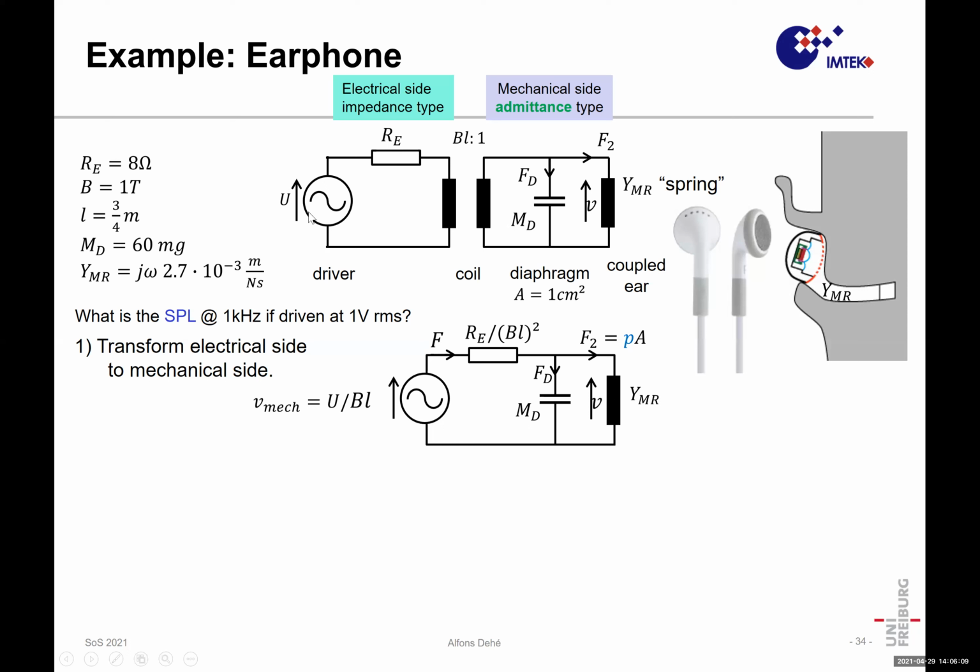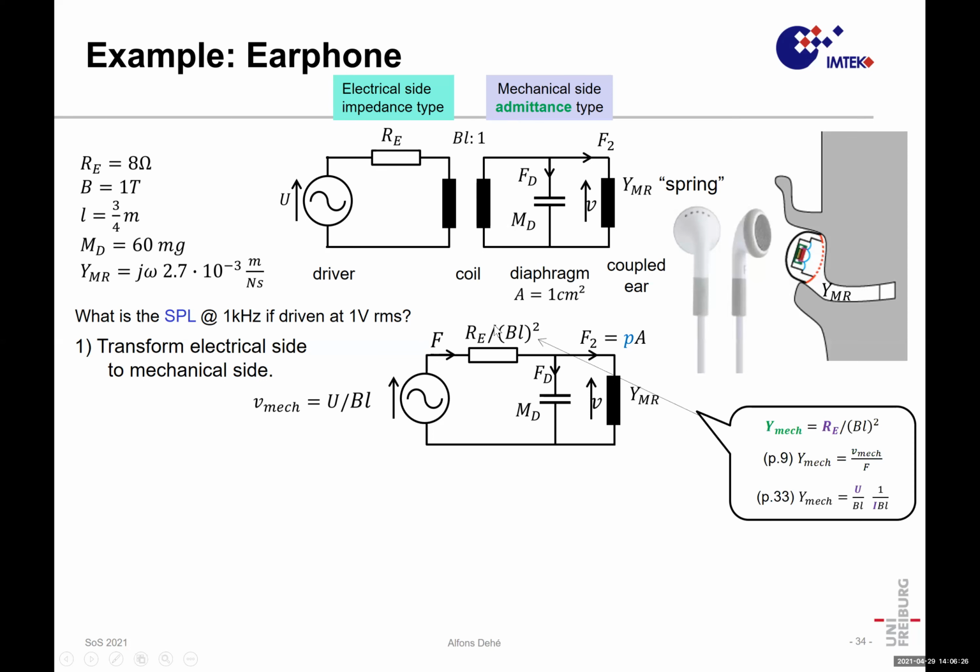We transfer the voltage into the electromechanical transducer into a mechanical velocity just by using this transformation factor B times L over 1. Yeah, and we can do so.